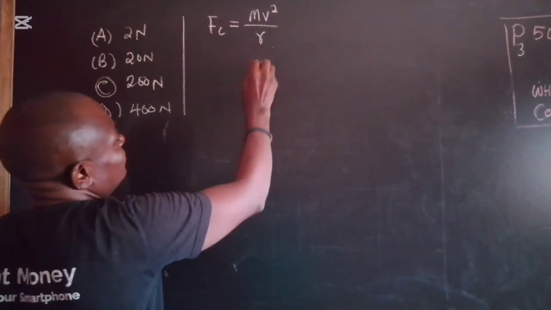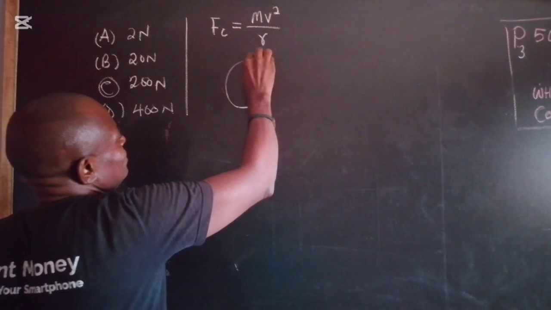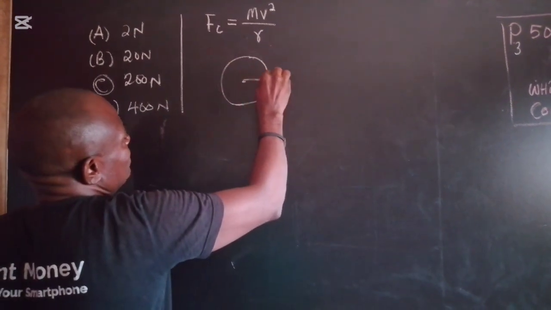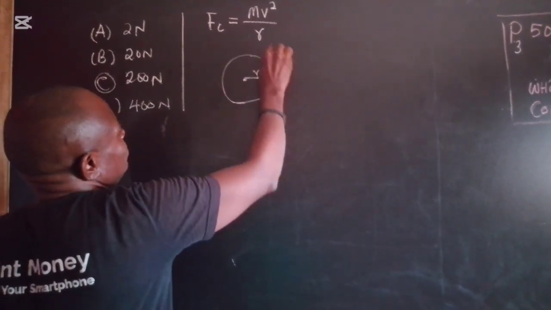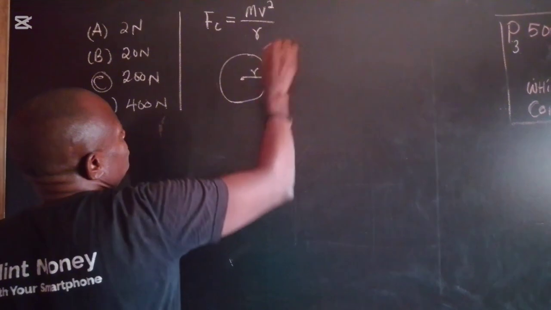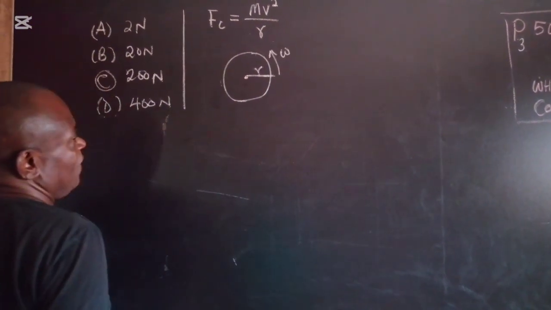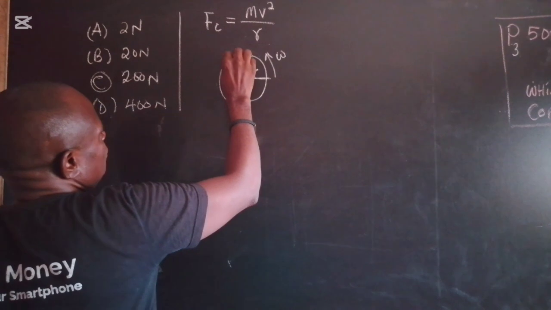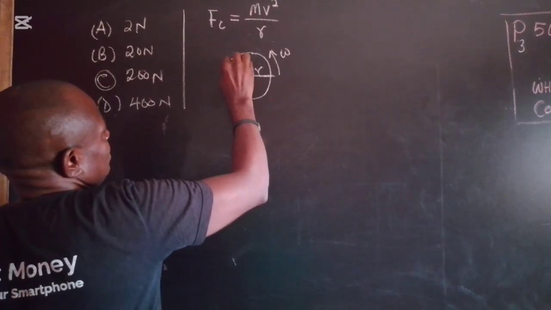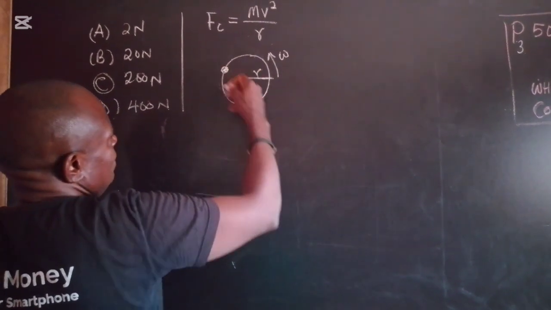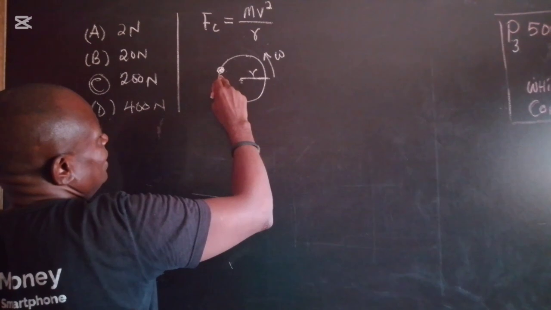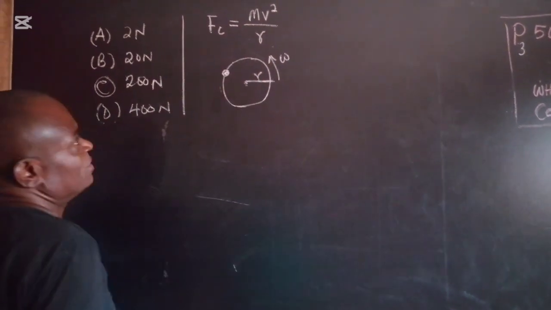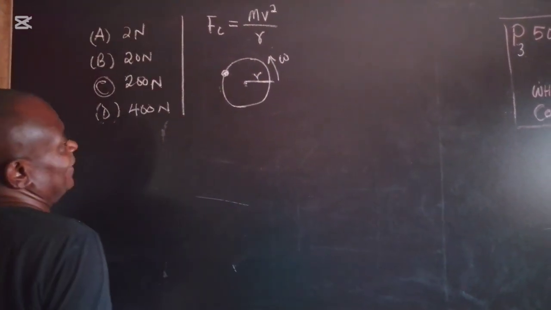When you have a circle like this with a center with radius, and the body is moving at an angular velocity, so if the mass of the body that is rotating about this fixed position is known, we should be able to calculate the centripetal force.